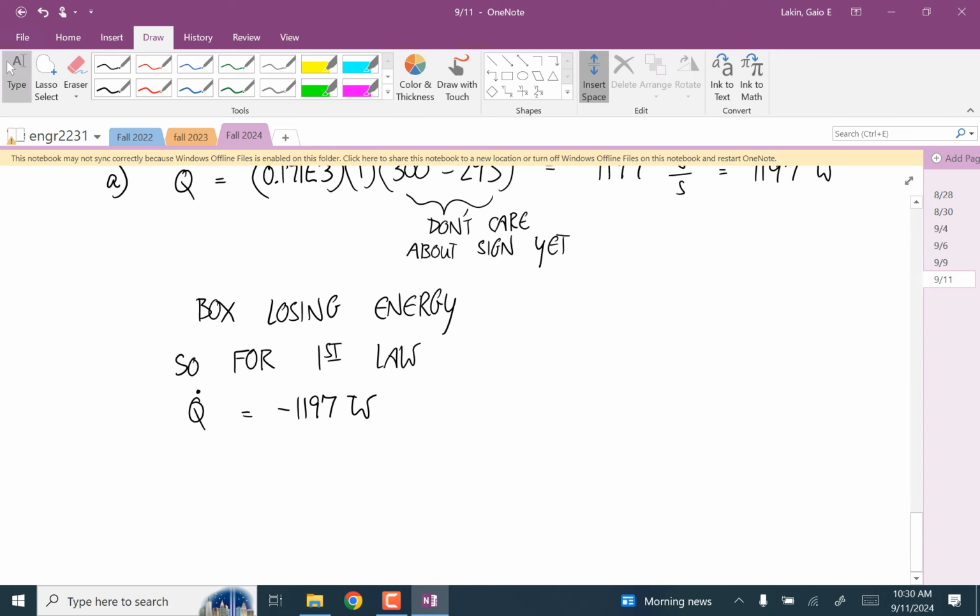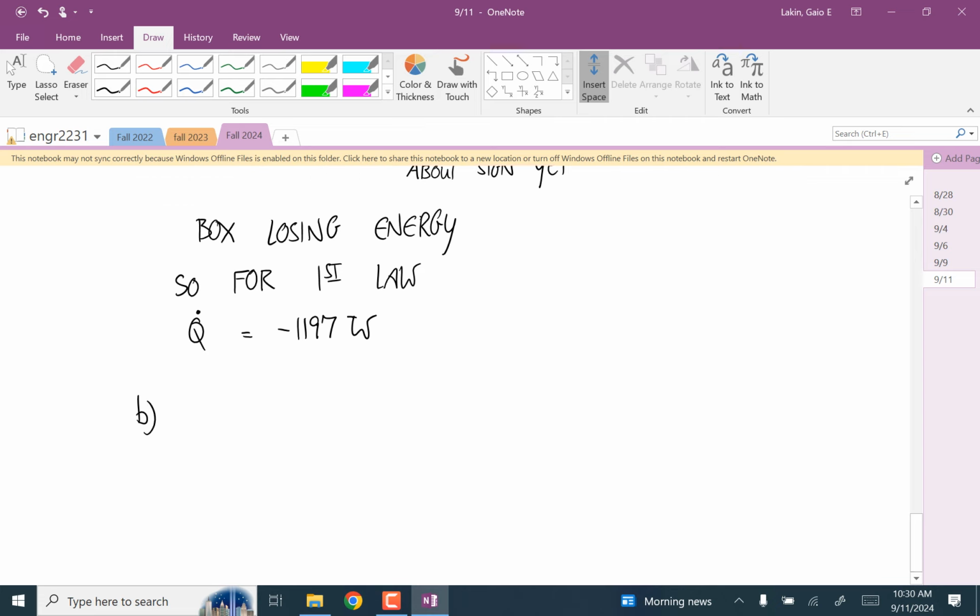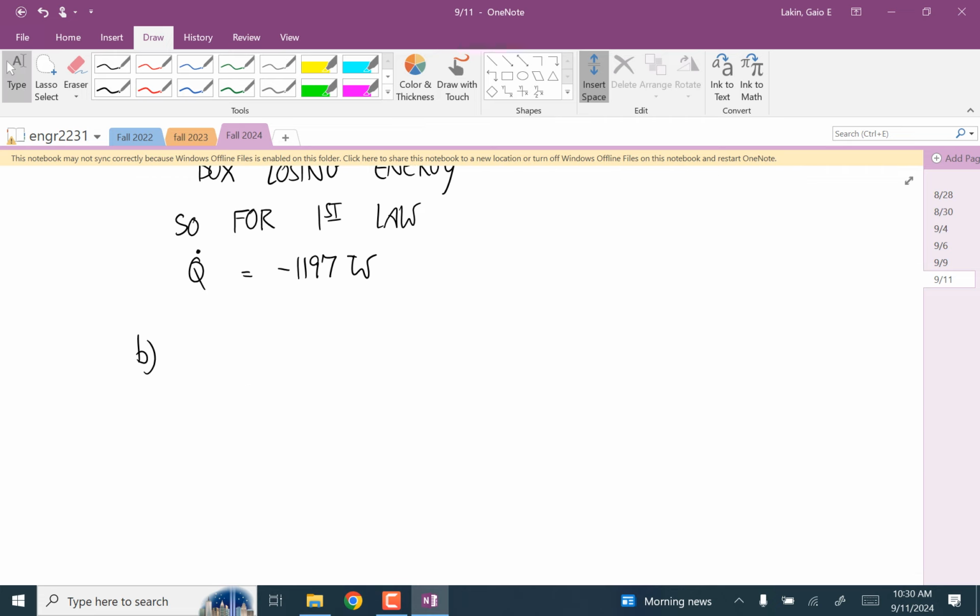And now we'll go to the first law. Anytime you're using these heat transfer equations, the form of the first law you're going to use is the differential form. So we're going to use the form that says E dot is equal to Q dot minus W dot. This is 0 because it's steady state.